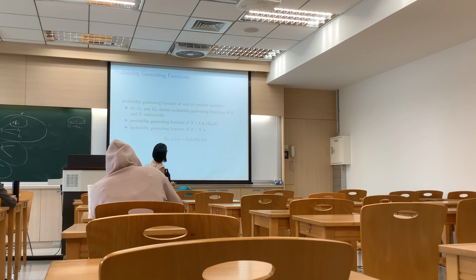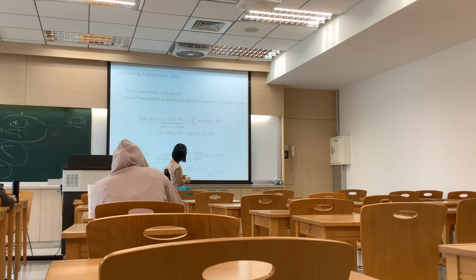So for the sum of 3, it's just the original probability generating function to the power of 3. So this is H1 to the power of D minus 1, because J has D minus 1 remaining friends.